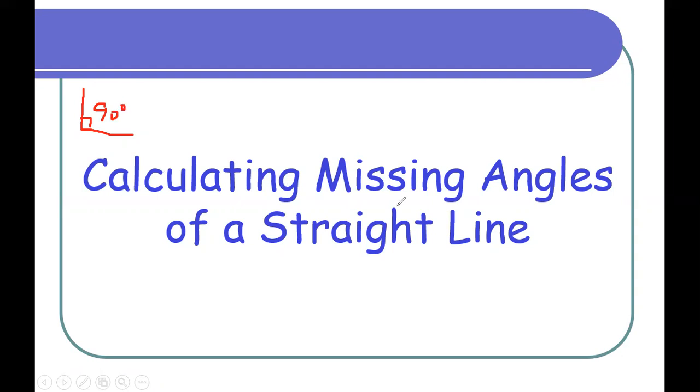This time you're going to calculate the missing angles of a straight line. How are we going to solve a straight line? If a right angle is 90 degrees minus the given angle, how about the straight line? Would you tell me how many degrees a straight line is? Yes, very good, it is 180 degrees.